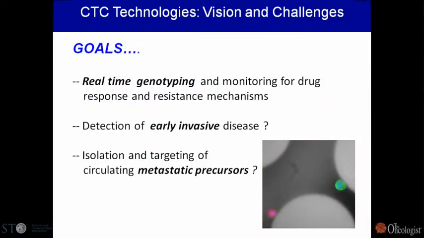So let me end with the major goals of CTC type analyses: real-time genotyping to help in terms of novel therapies, detection of invasive disease, and then figuring out what these guys are. Major efforts now in the lab are to try to release these in a viable way so that we can see how many of them will actually grow in tissue culture, and then applying next generation type strategies to figure out how they are different from normal cells, what do they express, what kind of abnormalities they have.